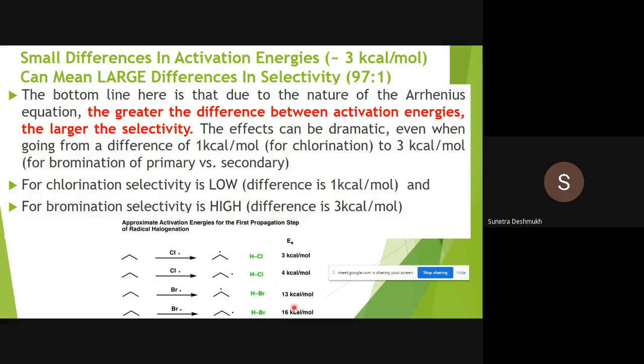We have to consider the difference between primary and secondary halide formation, that means the K step, breaking of the CH bond to generate the secondary radical versus the primary radical. This difference in activation energy plays an important role in the selectivity. Next one.